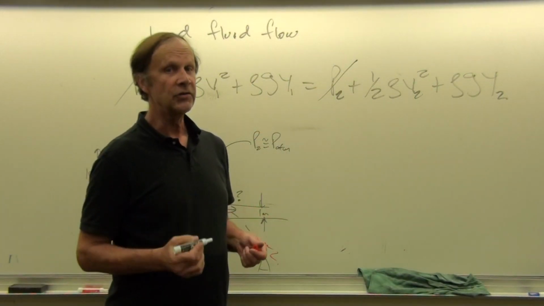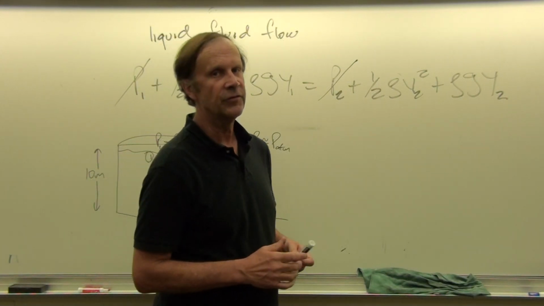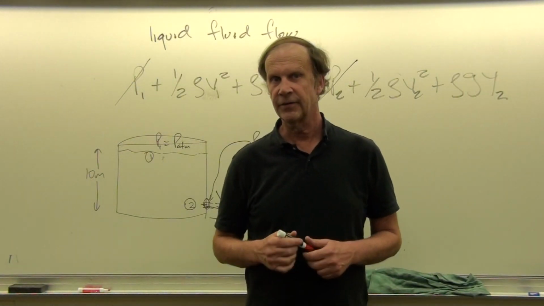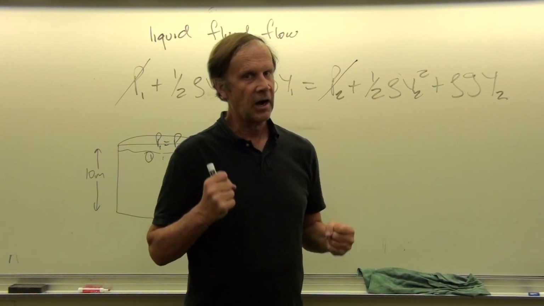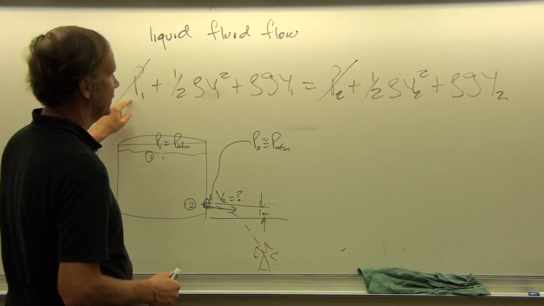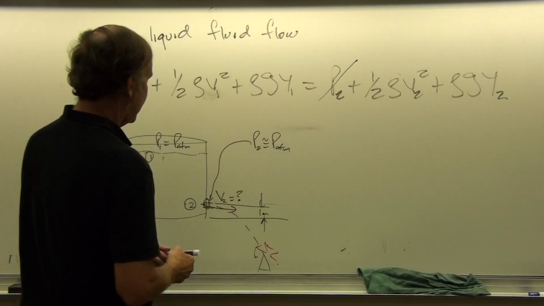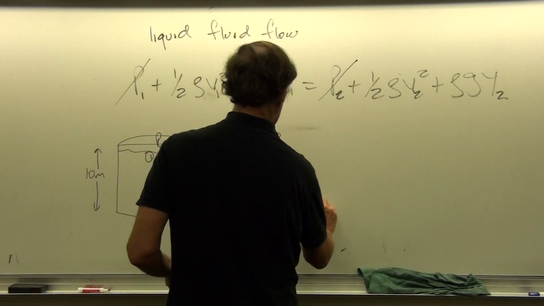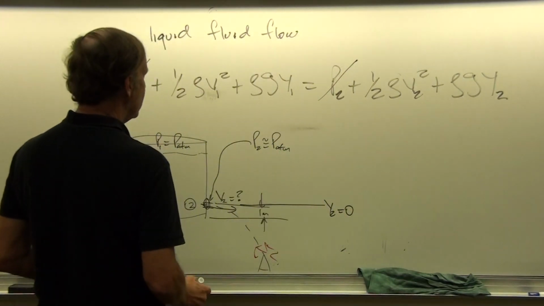Now notice that those were the most significant terms for the airplane. So for liquid fluid flow, the atmospheric pressure terms are usually about the same and can be canceled out of a problem like this. And so what we're left with then, I could call this point y2 equals 1, or I could call it 0.